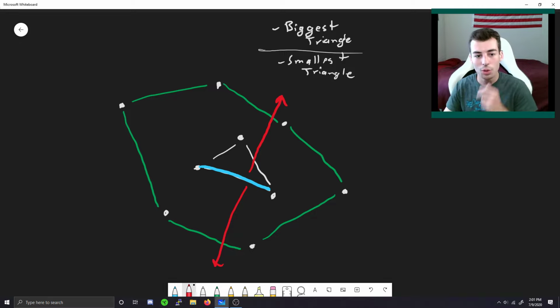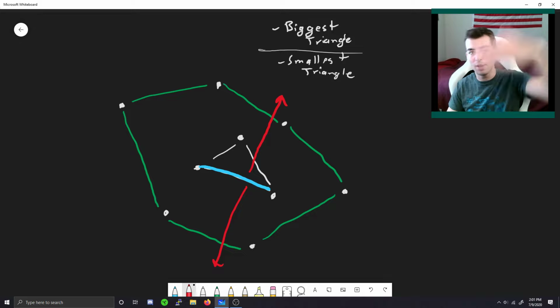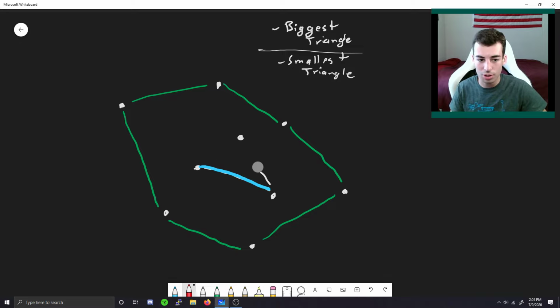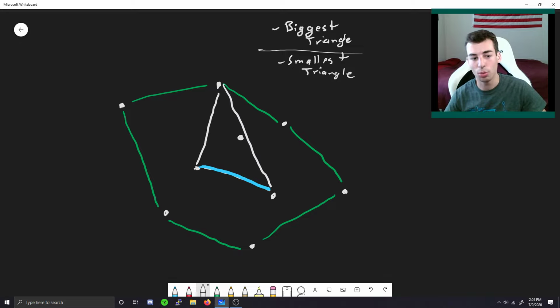So all we want to do is find the farthest point in this direction. And we know that if you have some line and you sweep the line down, if you keep moving it down, the first point it hits is going to be on the convex hull. So what we can do is increase the area of this triangle from what it was there to this right here by replacing one of the points with some other point on the convex hull.